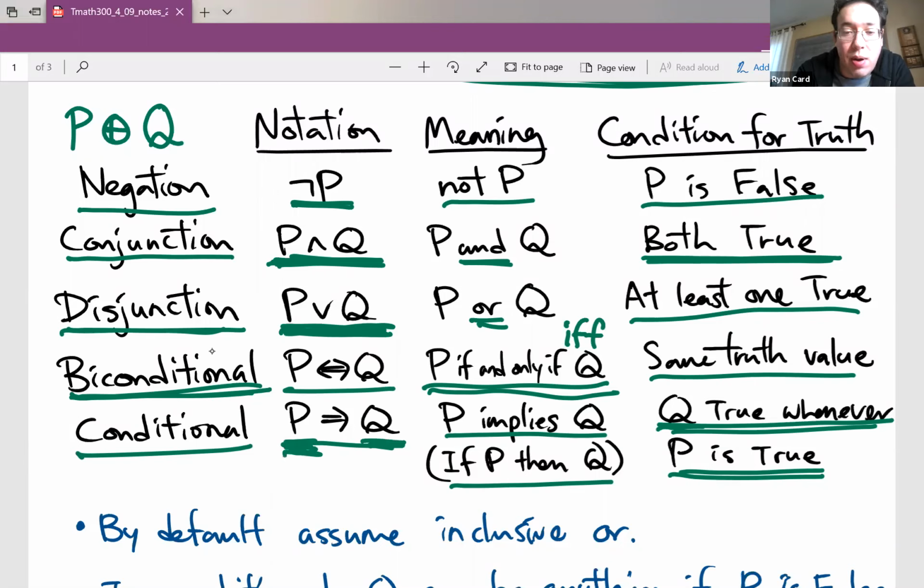If P is false, then Q could be anything. Q could be true or false, it doesn't matter. So the only thing that breaks down a conditional is if true is pointing towards false. Basically, what you don't want in logic is to deduce something that is false when you start with something that's true. So you can kind of think about it that way.